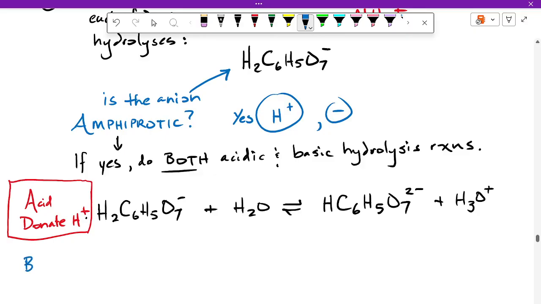And we're also going to do the base, because this is an amphiprotic ion, and it's going to accept H plus.